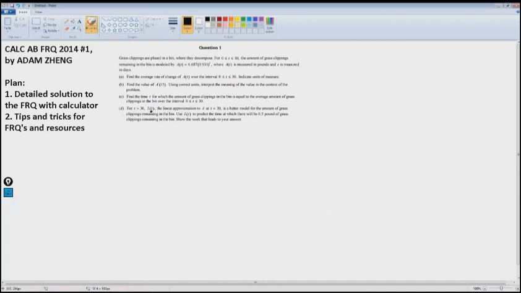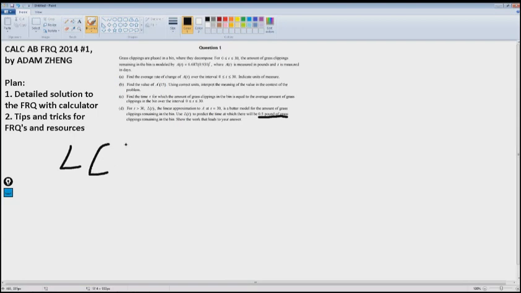So for part D, it's saying that the linear approximation for A at t equals 30 is a better model. So first, let's figure out what the linear approximation is, because we have to use that to predict the time where there will be 0.5 pounds of grass clippings remaining in the bin.